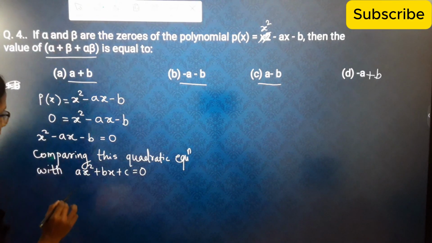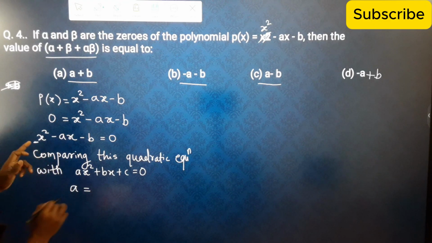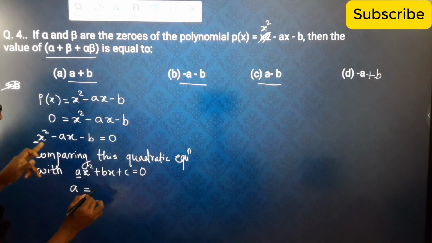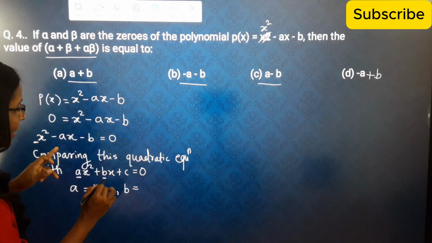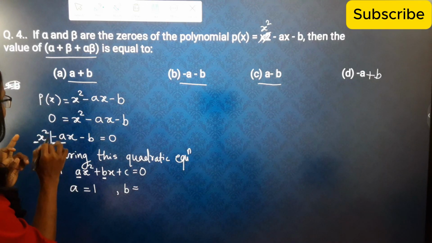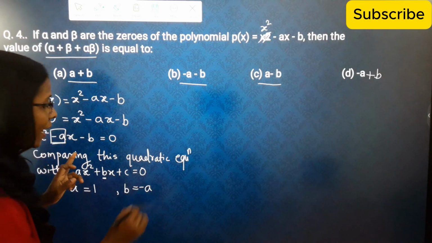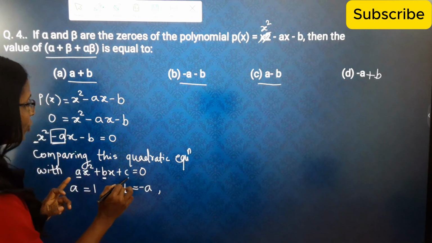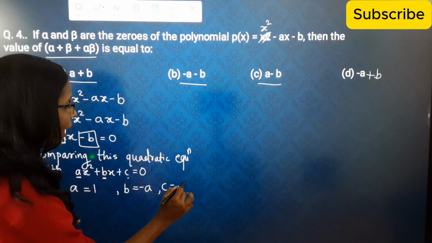So now here we have a is equal to 1. In the place of a there is 1. Okay, so a is equal to 1. At the place of b there is minus a students. See here minus a. So we write b is equal to minus a, and then at the place of c there is minus b. So c is equal to minus b.